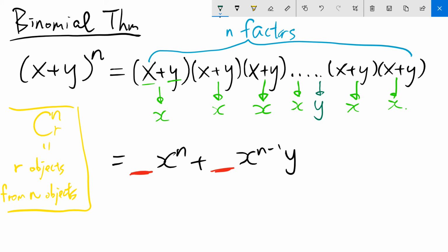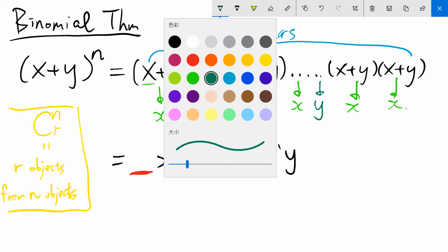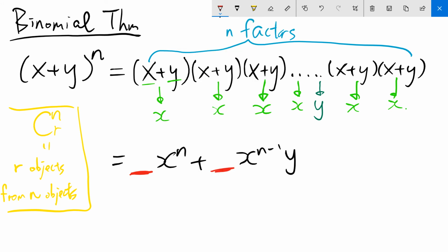So how to find out the number of combinations here? We can make use of nCr. Actually we are choosing one factor for y out of n factors. Can you get it? We choose one factor for the y out of n factors.